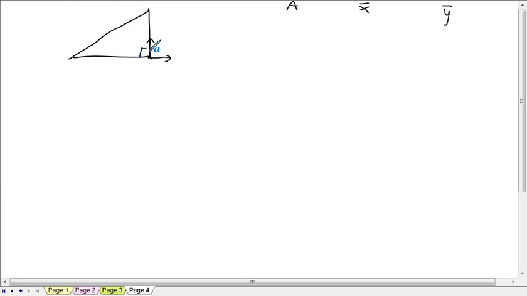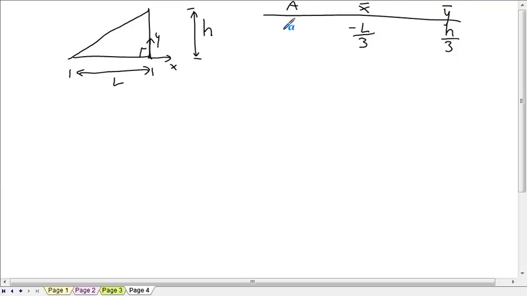So for a right triangle, where this is L and this is H, what we got with the coordinate system at the point, now I'm moving the coordinate system over, so the answers here are going to be x is negative L over 3, and y is H over 3. Notice physically that's the same point. And the area is LH over 2.